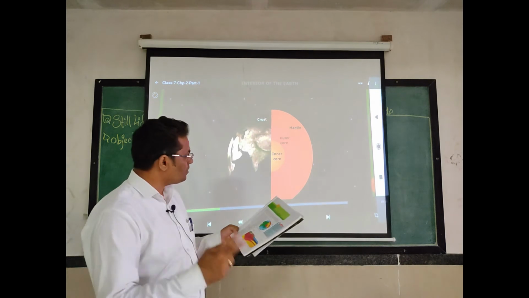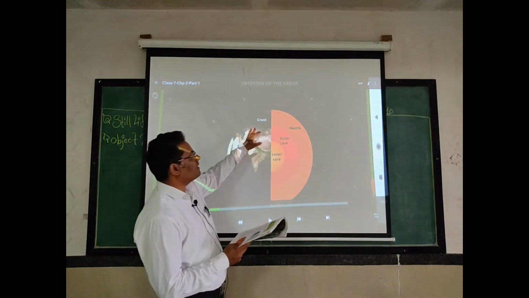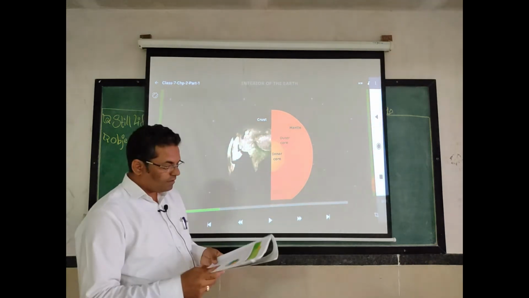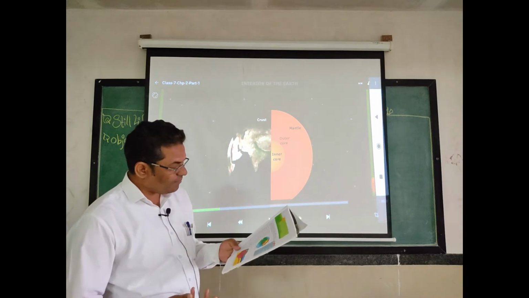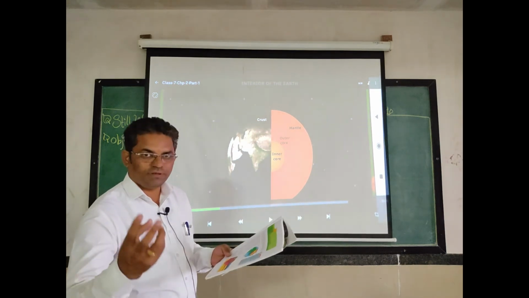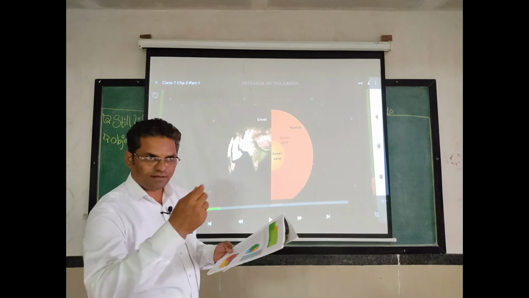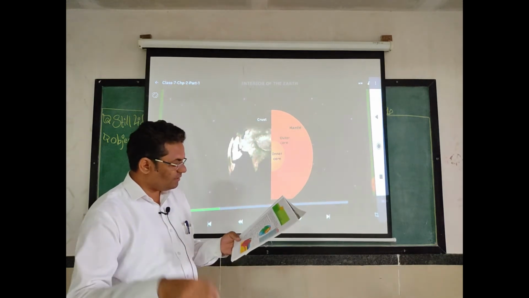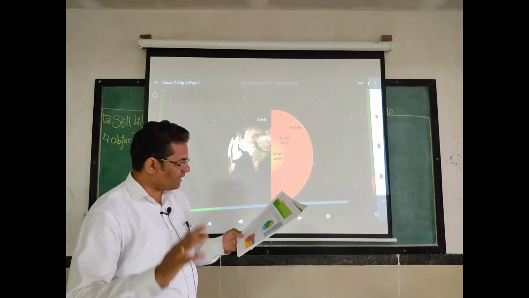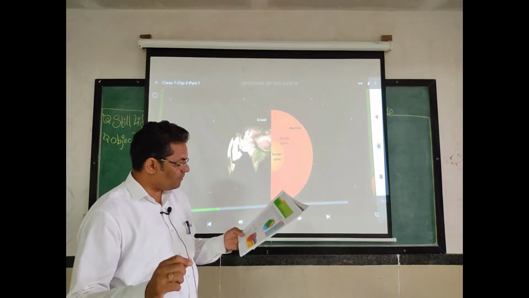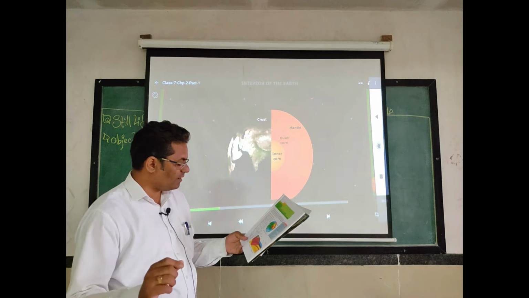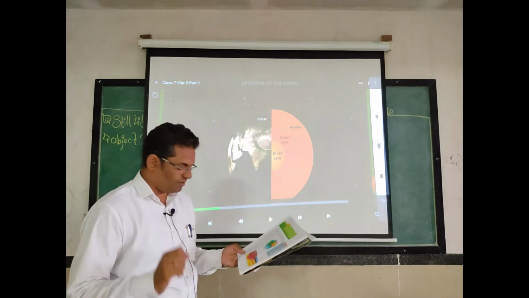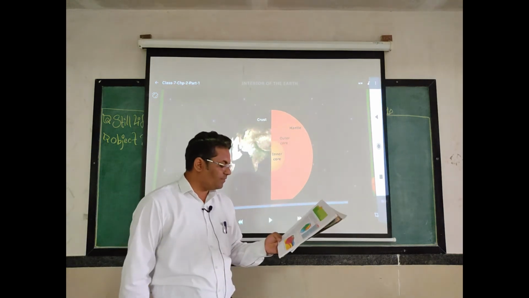Okay, so these are the two terms that you need to understand related with the earth crust. How Sial came: silica and alumina, the first letters, silica Si, aluminium Al, Sial. And the ocean floor is Sima, Si for silica and Ma for magnesium. So these two things are found.